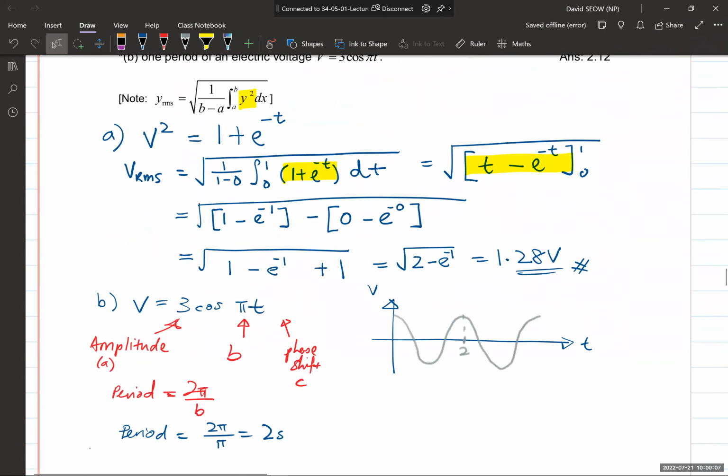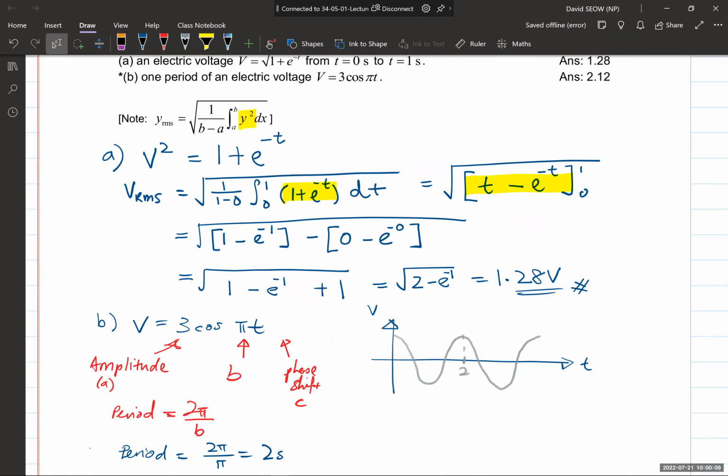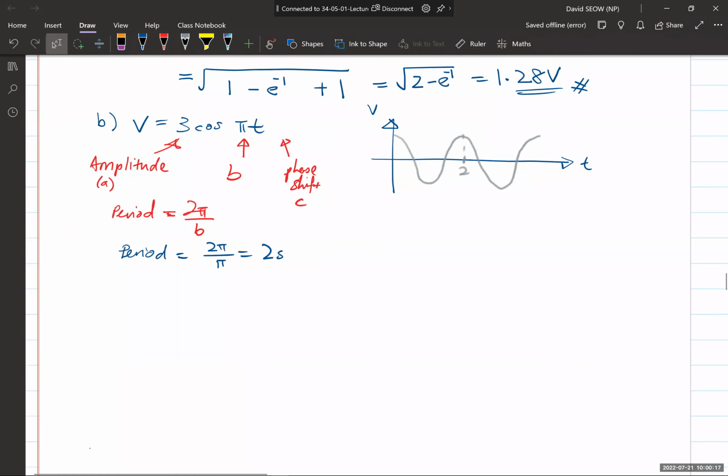And what do we need to do? What's the electric volt graph for one period? So I will then need my limits. This would mean that my limits will be from 0 to 2 seconds.